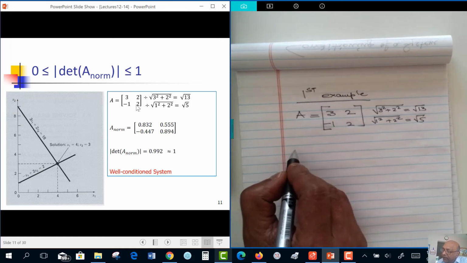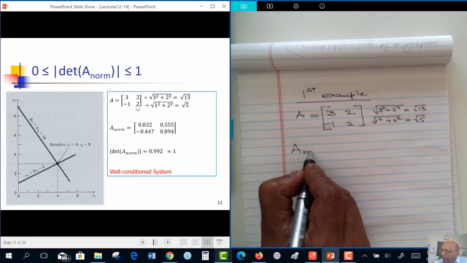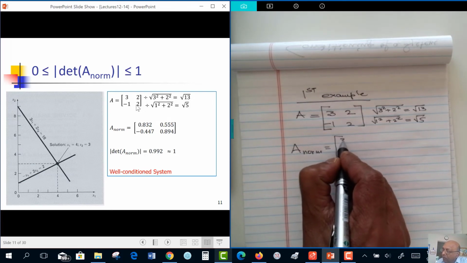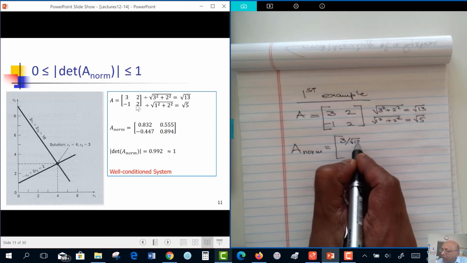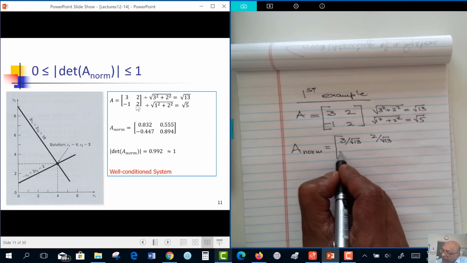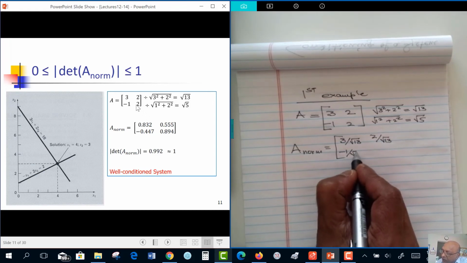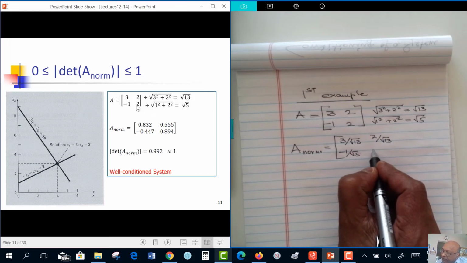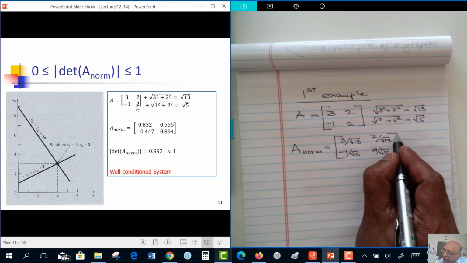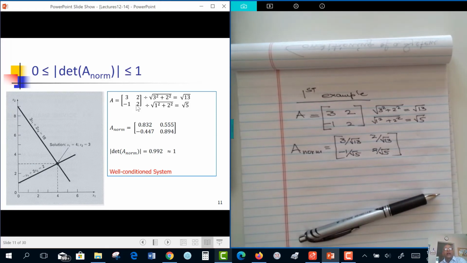So we divide the first row by square root of 13, the second row by square root of 5, and we calculate these, we'll get these numbers.